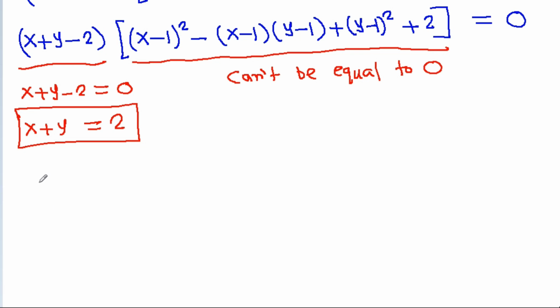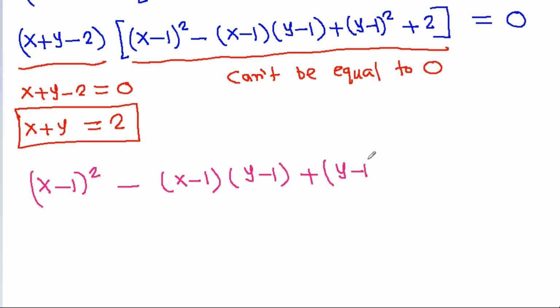because we have x minus 1 whole square minus x minus 1 times y minus 1 plus y minus 1 whole square plus 2. And suppose x minus 1 is a, then it will be a square minus a times b, and suppose y minus 1 is b, plus b square plus 2.